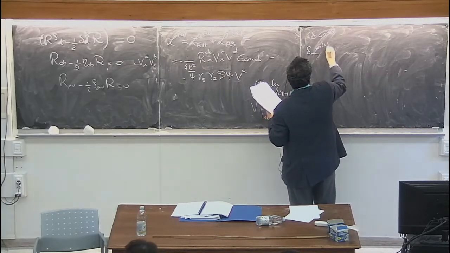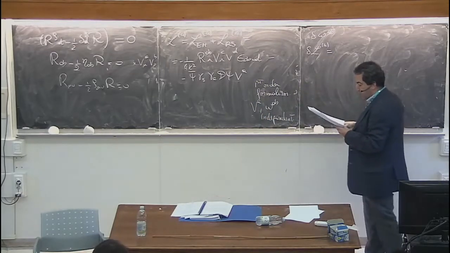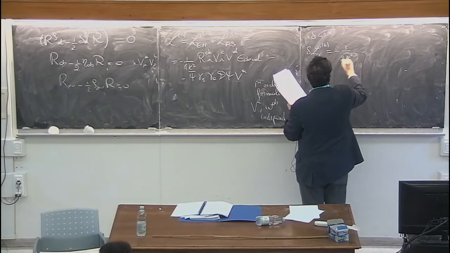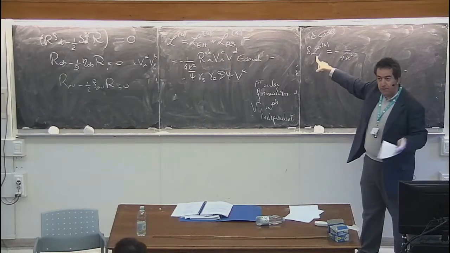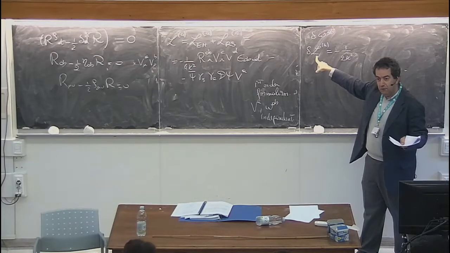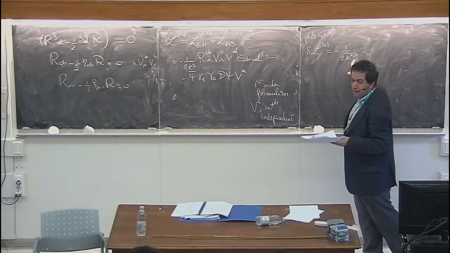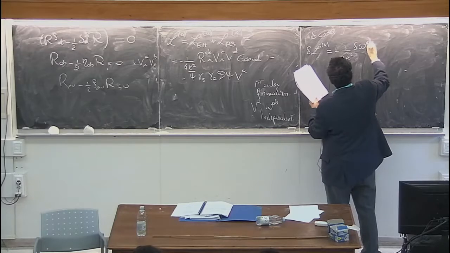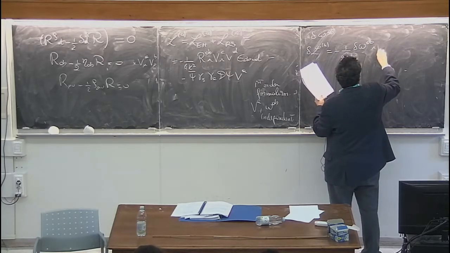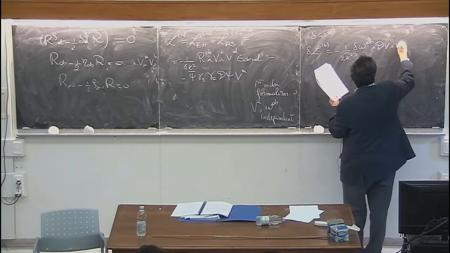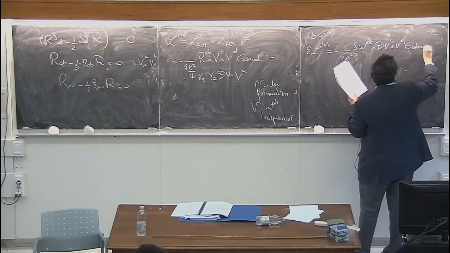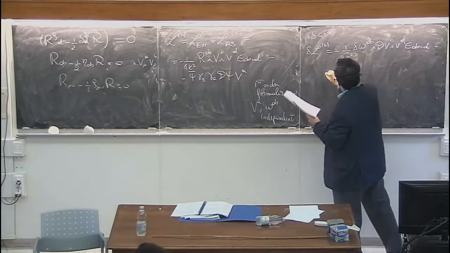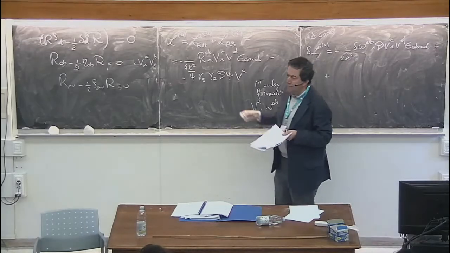L4 is equal to minus 1 over 2 kappa squared, modulo total derivatives, which I'm ignoring systematically. Modulo total derivatives, remember the first term can be written as delta omega AB wedge D V^C wedge V^D epsilon ABCD, plus. Now, where's omega AB inside here?